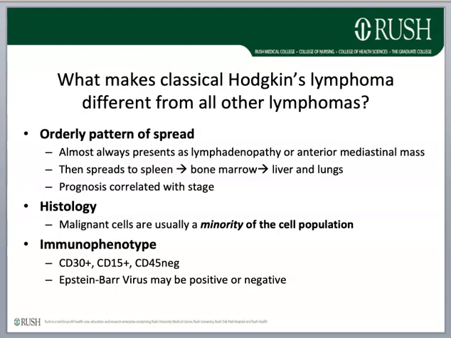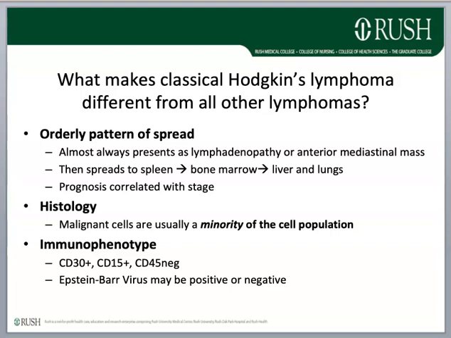Okay, what makes classical Hodgkin lymphoma different from all other lymphomas? First of all, as noted by Thomas Hodgkin himself, the orderly pattern of spread. So there's almost always a presentation as lymphadenopathy or an anterior mediastinal mass, which then spreads to the spleen, followed by the bone marrow, and then late liver and lungs. And the prognosis is directly correlated with the stage or extent of disease. Second is the histologic features.